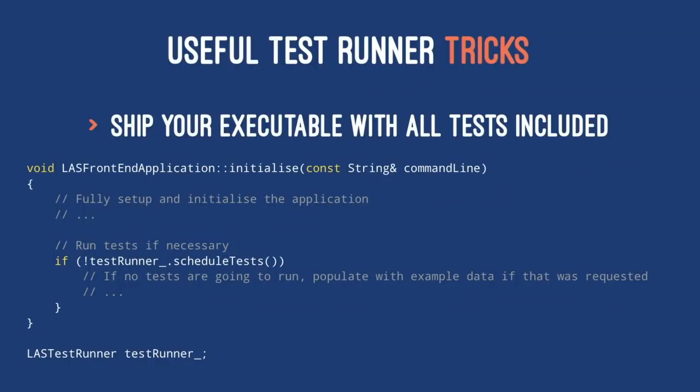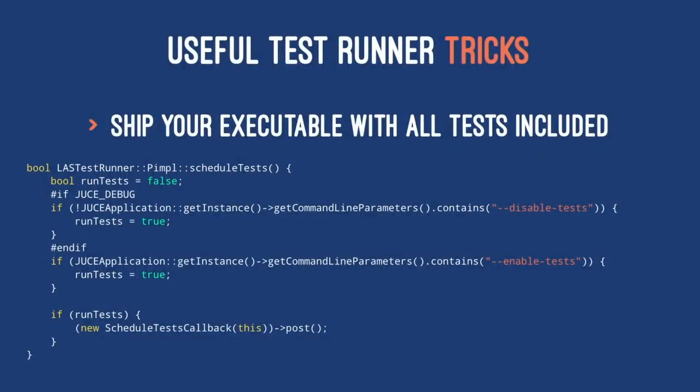So here are a couple of tricks that we're using in the way that we run tests. Similarly to packaging the resources as binary data inside the application, we actually ship with all the tests. So the application tries to start the tests when it starts up, and it does that based on a number of heuristics.